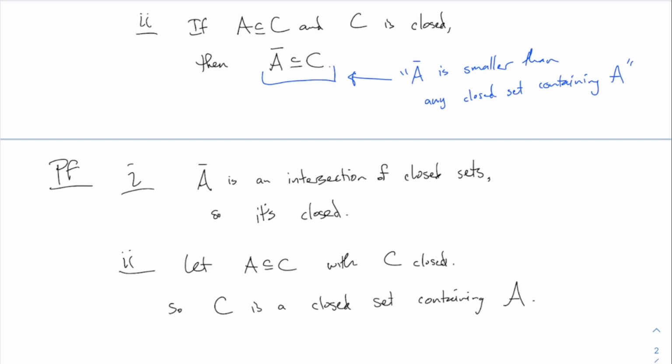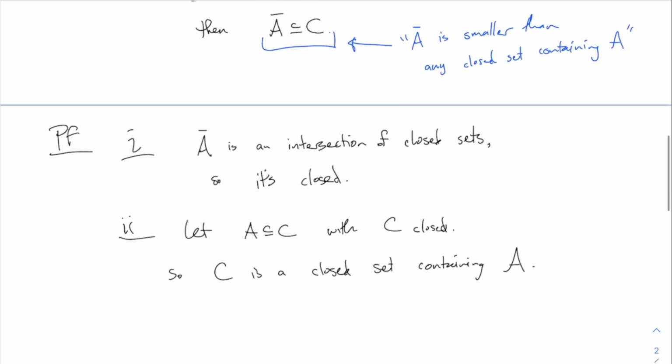Those are just other words to say the same thing. C is a closed set containing A. And the closure is defined as the intersection of all closed sets containing A. So if C is just one of those closed sets, the intersection of all of them better be smaller than that, because when you take the intersection of something, it gets smaller.